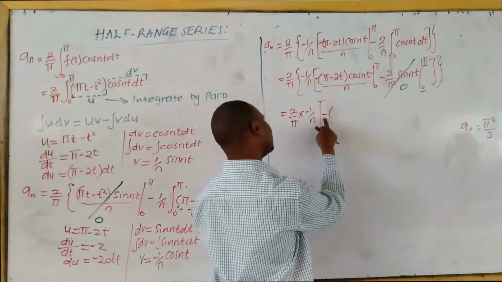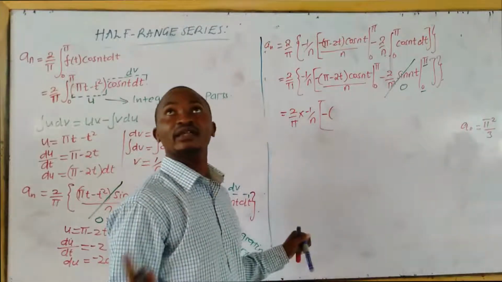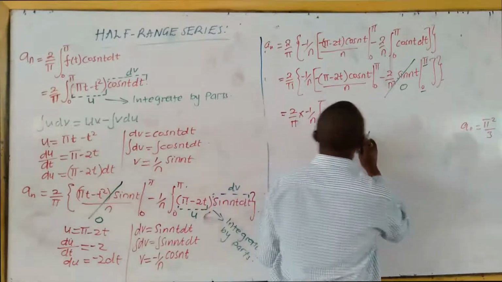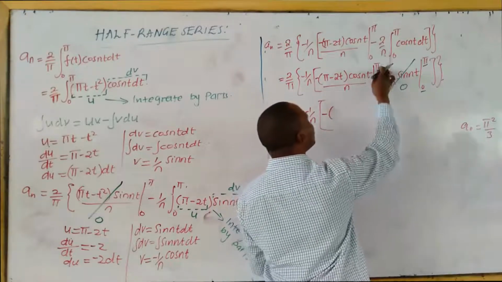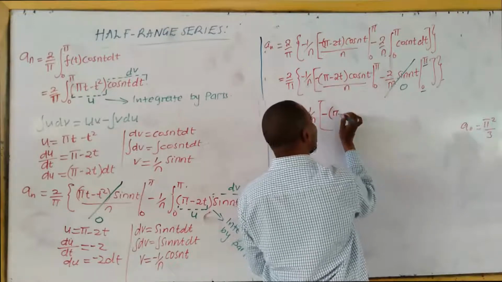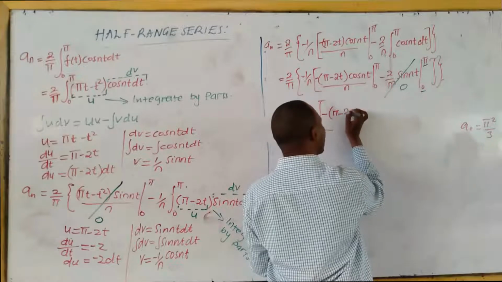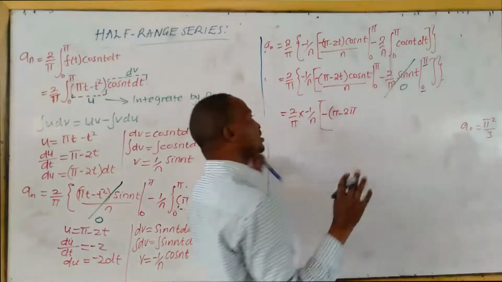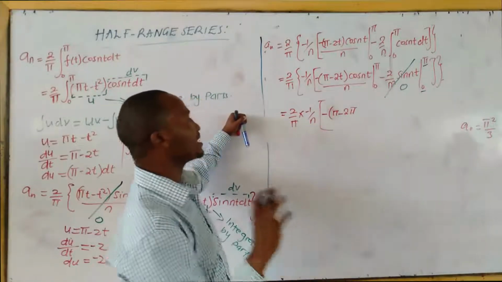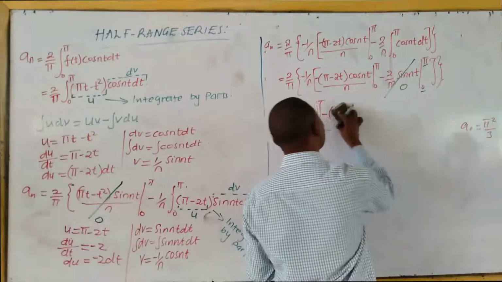Yeah, I can, but for the time being, let us have it there. So I apply the upper limit. You have pi already. This pi minus, where you have t, put pi, it is 2 pi. So what is pi minus 2 pi? Pi minus 2 pi is negative pi.